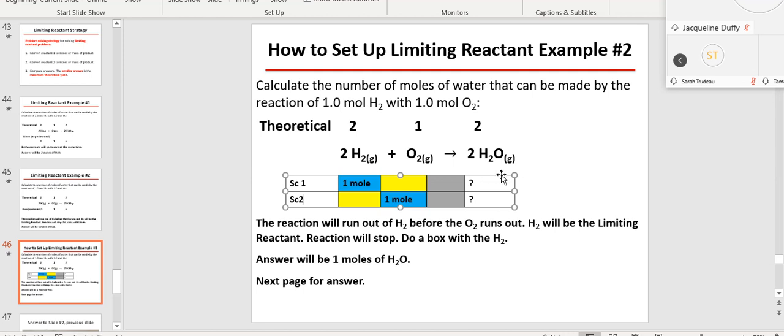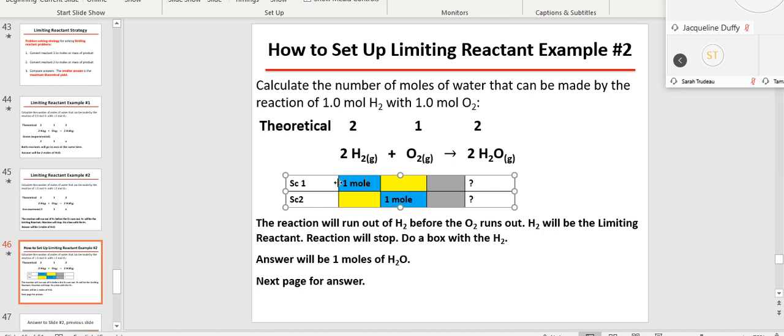This is what we want to find out. The information I gave you for hydrogen goes here. The information for oxygen goes here. And I've designated these a different color. You can do whatever you want, you can put circles or whatever. But these are the experimental values. This is what I gave you.